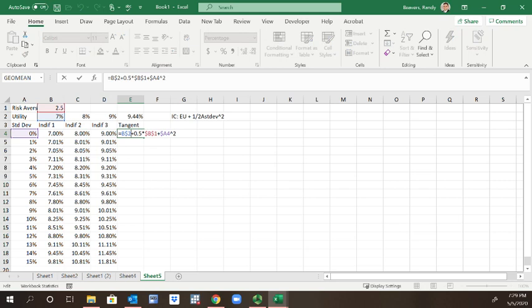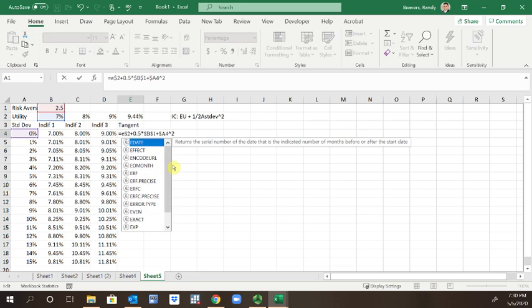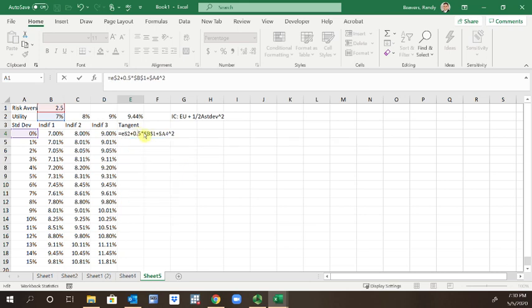Let me double check. So for the B dollar sign 2, that should be E dollar sign 2 plus 0.5 B1, the risk aversion, plus dollar sign A4 standard deviation caret 2.